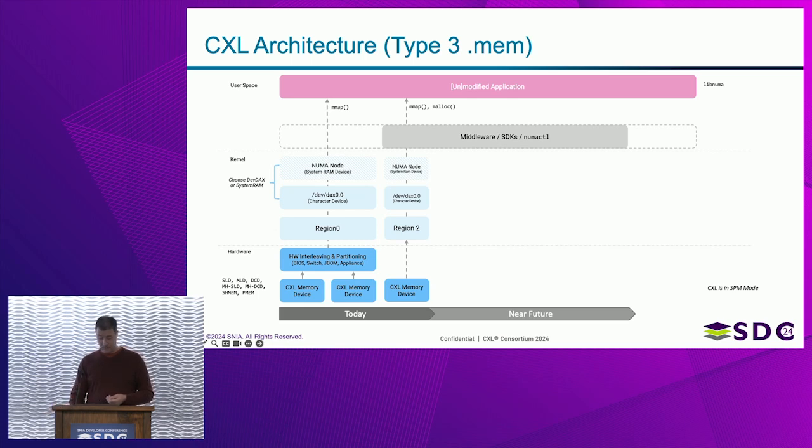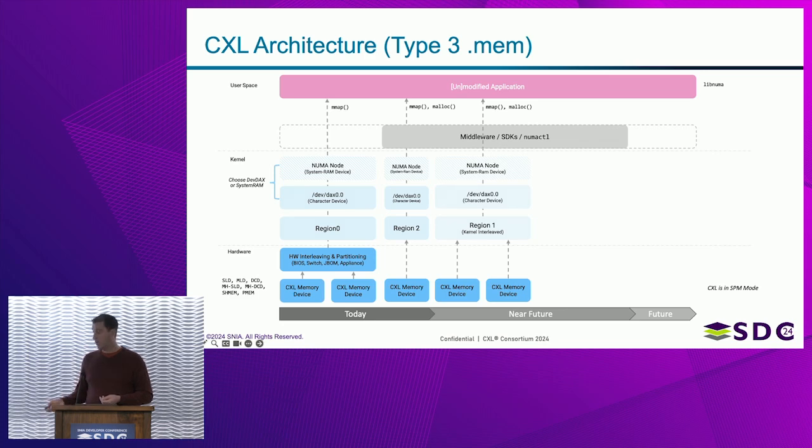And then as we build the stack up here, we can get up to exposing our CXL memory as a device DAX. So if you're a developer and you know exactly how your memory is laid out, your data structures, and you want to really control where that gets placed, just memory map the device DAX, and then you have full control over all of the reads and the writes.